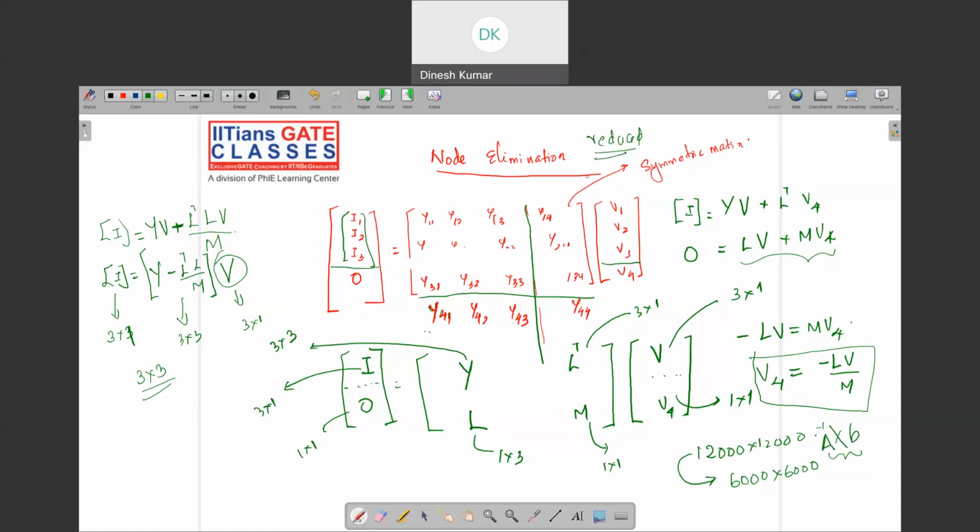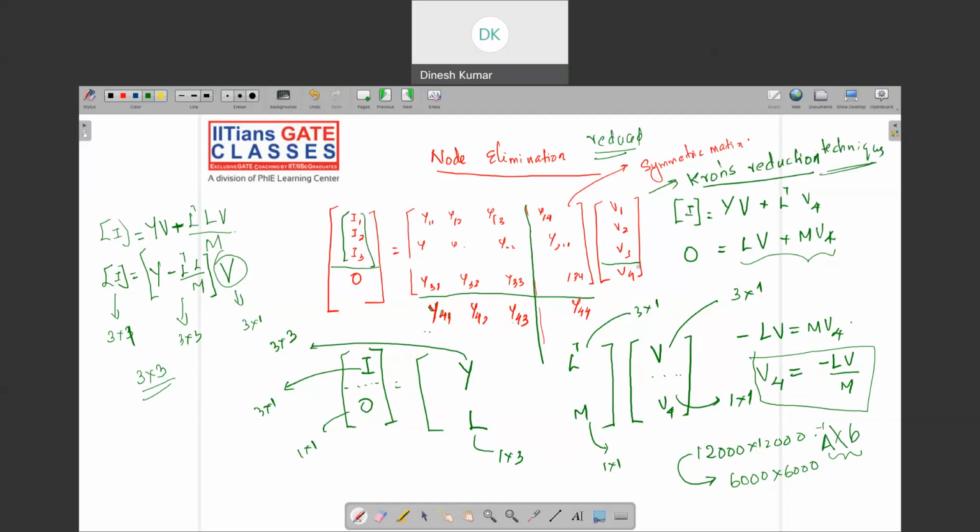So this particular elimination is known as Kron's reduction. This is known as Kron's reduction technique. We should remember this. By this, we will be using a lot of things in normal computer programming.